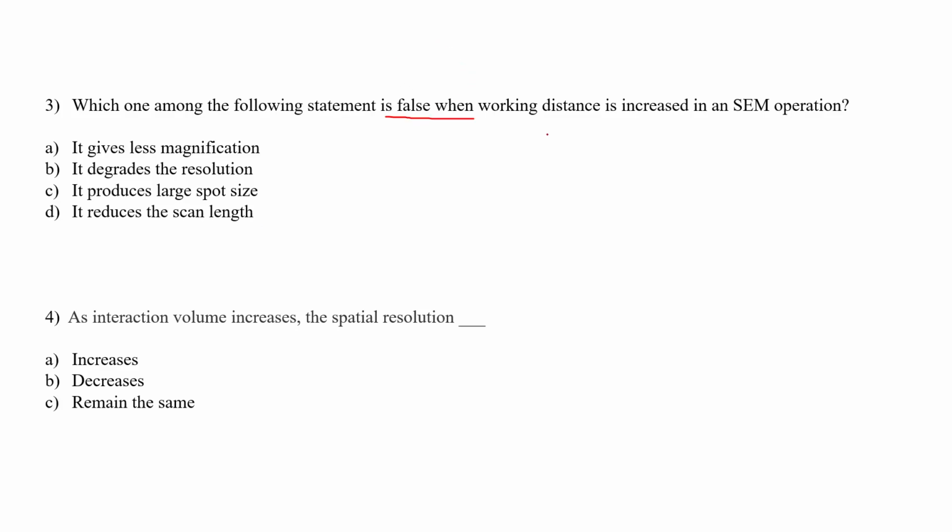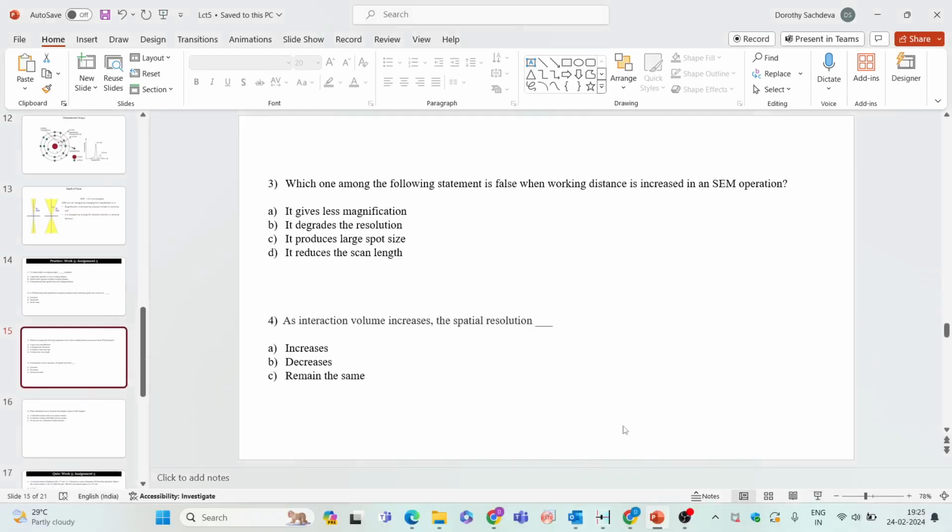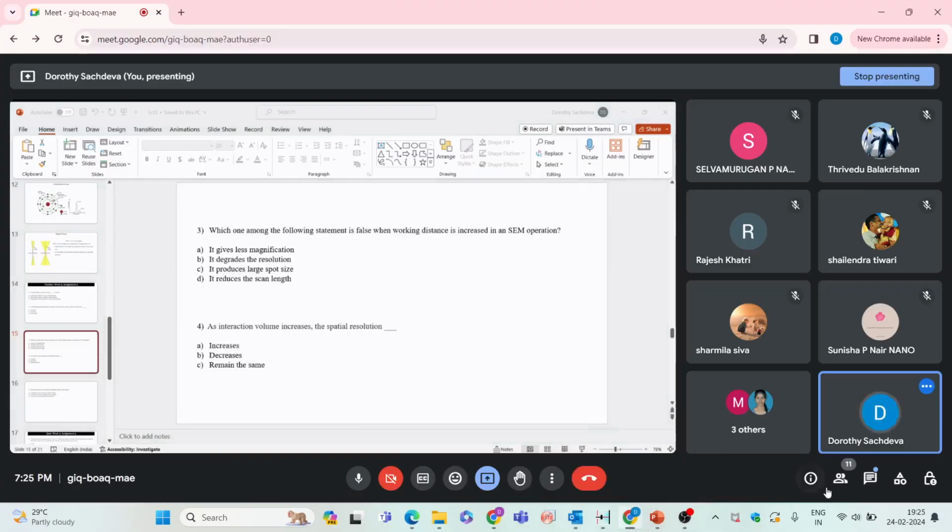Working distance, if we are increasing, it will degrade the resolution. Option B is correct. It will give less magnification. This is also correct, because if we are increasing the working distance, more area will be scanned, so magnification will be less. Has someone messaged in the chat box?